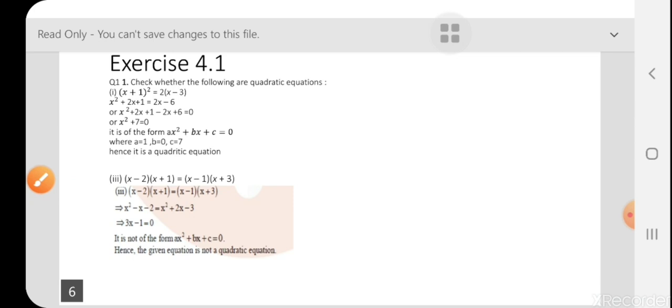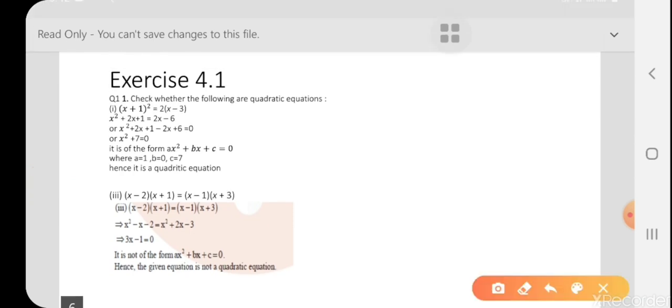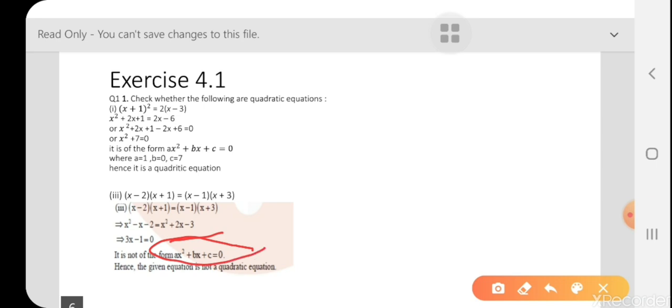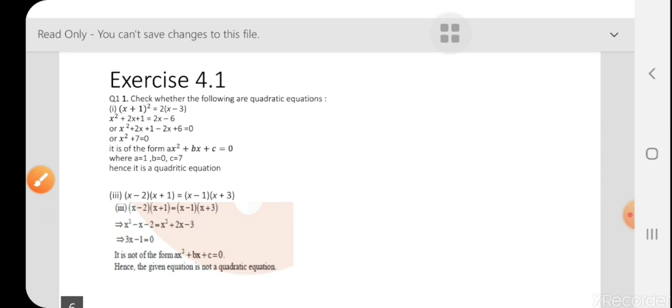Now we compare it with the standard equation ax square plus bx plus c, but here the maximum power of x is 1, so it is not in the standard form of a quadratic equation. So we can say the given equation is not a quadratic equation. Since its power is 1, it is called a linear equation.